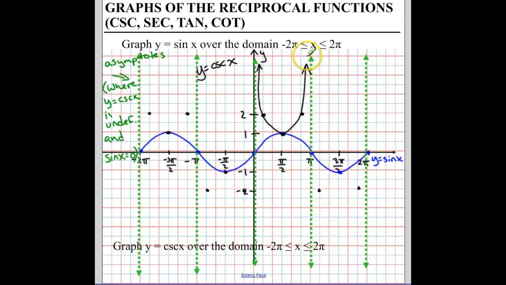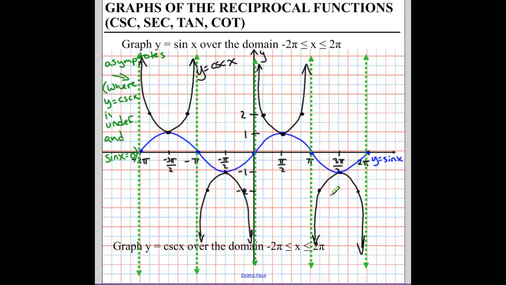So this approaches infinity as the x value gets closer to pi, and sine gets closer to 0. So you have this U shape here. Basically use these 3 dots as your anchors and don't go any wider than the asymptotes. It does not touch the vertical asymptotes. And of course you can see that that's going to happen 3 other places in the graph as well. That's the graph of a cosecant.